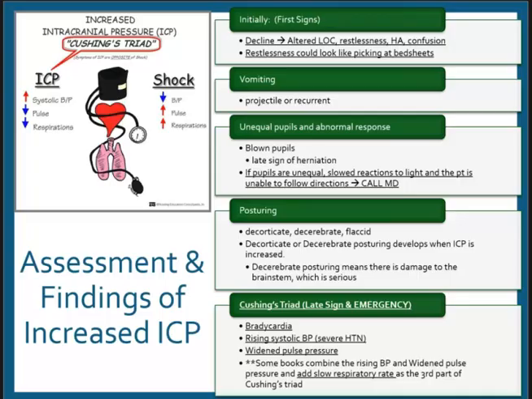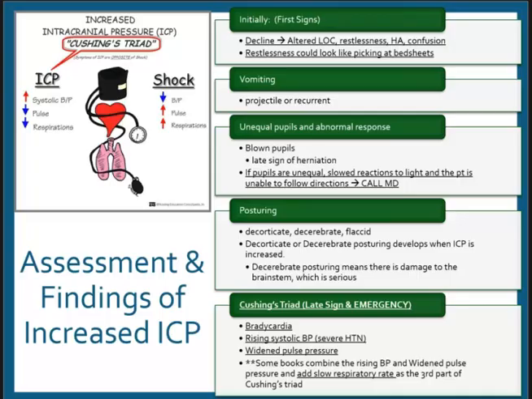And then your Cushing's triad, that is your late sign. It's an emergency. So you're looking for bradycardia, rising blood pressure, especially your systolic, and widening pulse pressure. What does widening pulse pressure mean? It means when you're looking at the blood pressure, let's say they were healthy, 120/80, but they came in because they had a head injury.